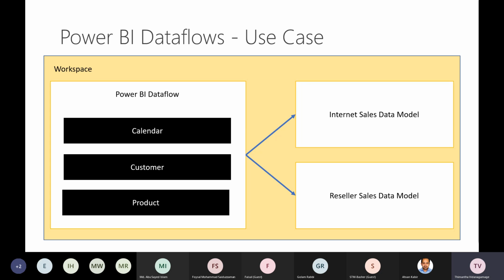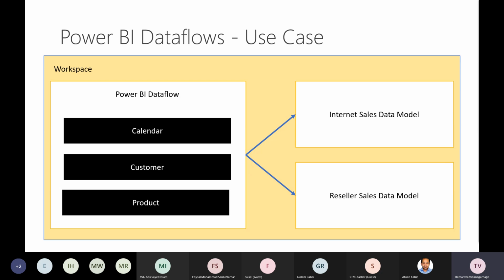Data models will be created with reference to these output tables in the data flow, and the logic for the dimensions will not be replicated because it's executed centrally. All that the data model does is refer to these entities, the output tables, and do its job. Right. So that's about that.